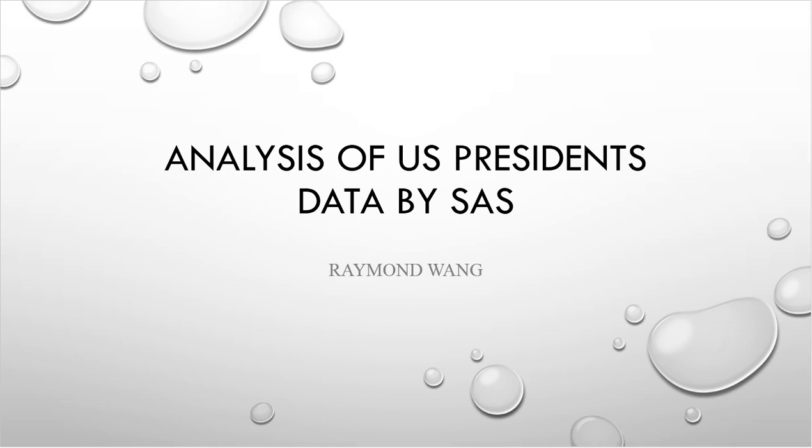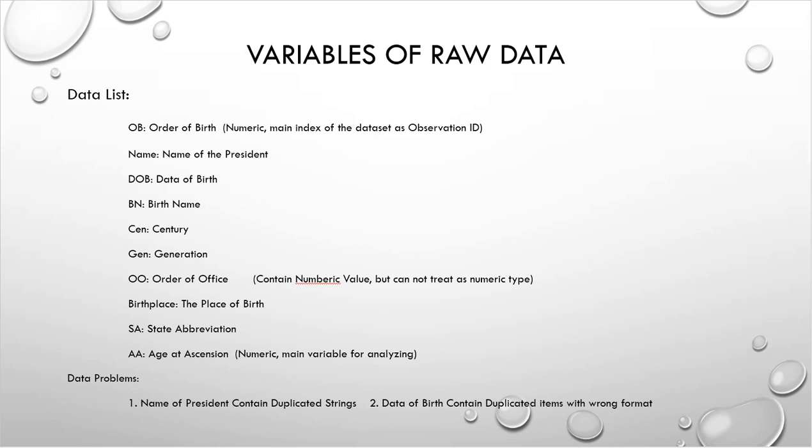First, let's view the structure of the variables, the raw data structure. The U.S. President data contain 10 variables. First is the OB, order of the birth, that can be used as the main index for sorting the data set.